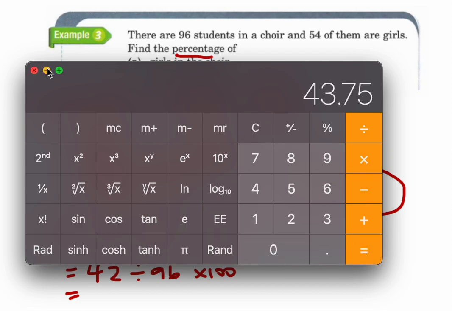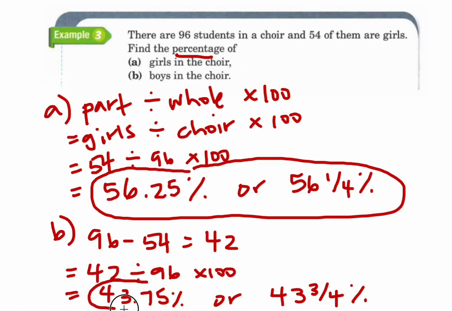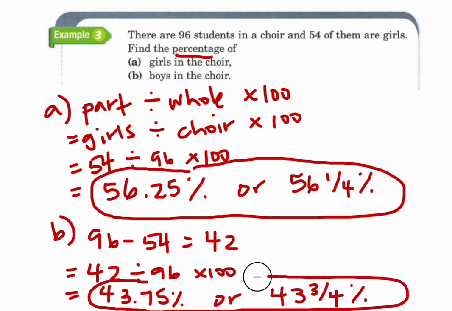So you would get 43.75%, or 43 3/4%. Or the quicker option would be to take 100 and subtract the answer from part A, 56.25, and you would get the same answer.